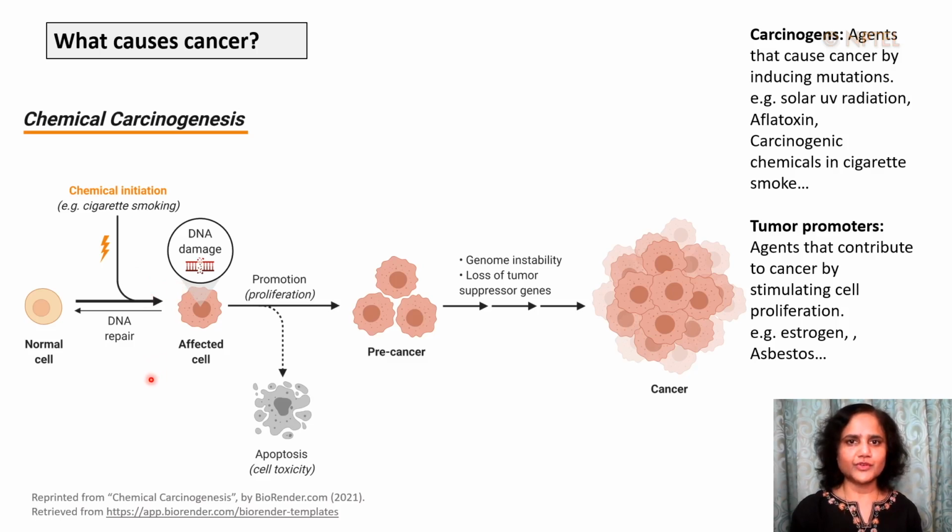Examples of these are many harmful chemicals in the environment that we are surrounded by. And not only that, solar UV radiation can cause mutations, aflatoxin, carcinogenic chemicals present in cigarette smoke, for example, and there can be many others as well.